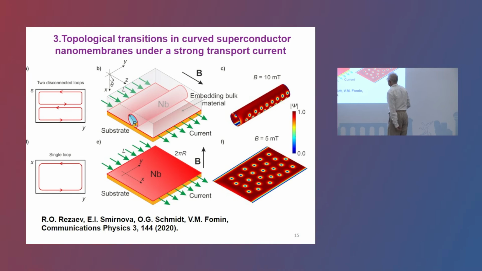This is our system with a little bit more detail. I told you already about a single loop when there was no picture, and in a tube there are two disconnected loops in a nanotube.